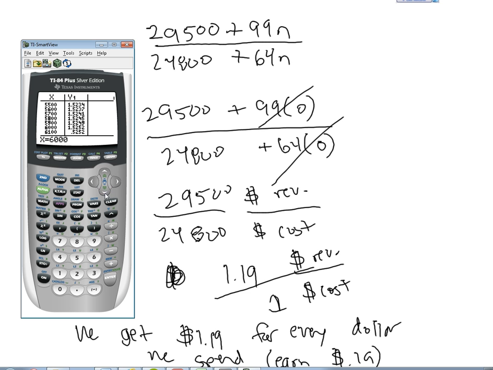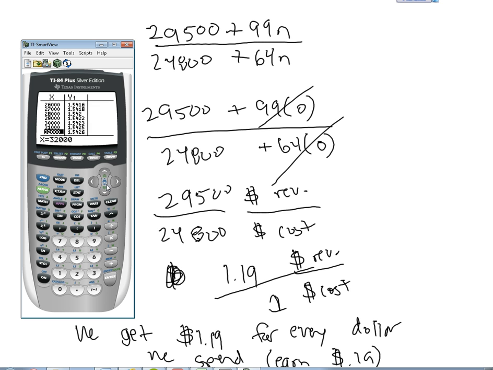And what I'm going to do is come down to my table setup, and I'm going to still start my table at 0, but I'm going to go up in increments of 1,000 to see kind of what the stabilization point is. And I'll come back to my table, and I'll notice that, wow, it really seems to be pretty stable around $1.54 or so, $1.55 maybe.